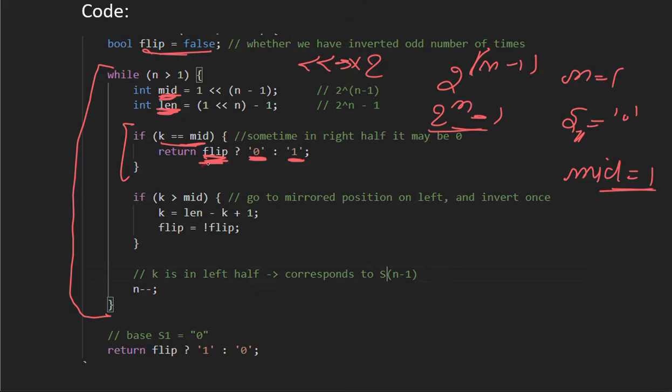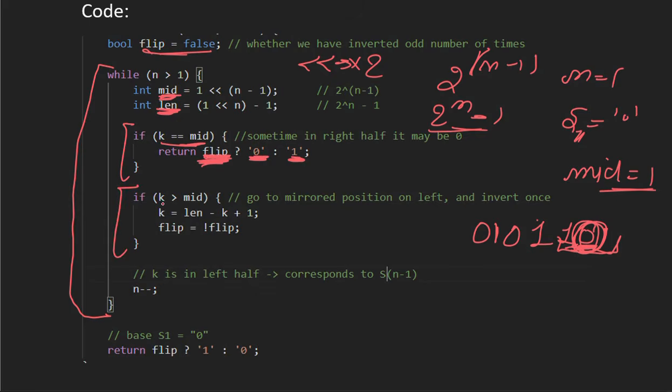But if flip is true, then it may be 0 also, because see, 0 1 0, then 1, and then 1 0 1. Suppose if we go to the right side and then check the middle element, it is 0. So that's why we check whether our flip bit is true or not. If flip is not true, then we directly return 1, else we return 0.